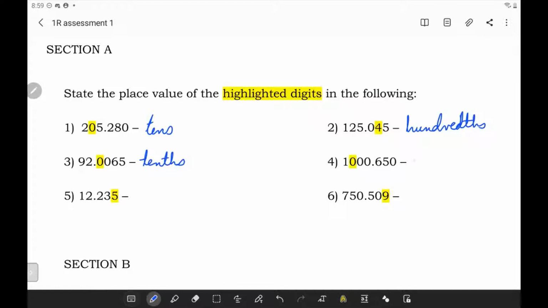This one is hundreds. This one is thousands. And this one is also thousands.